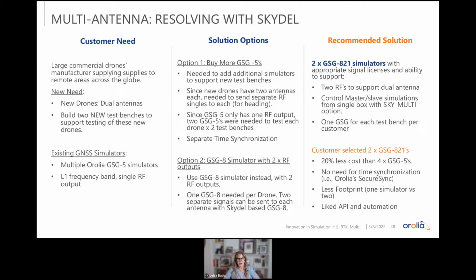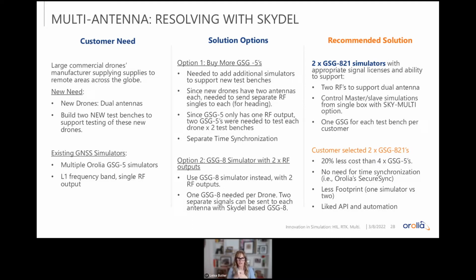And this customer has drones. They're a global commercial drone manufacturer, and their drones were being upgraded to have two antennas on each drone. So they're adding at their facility 2 test benches, and they needed to be able to test these drones that had 2 antennas.